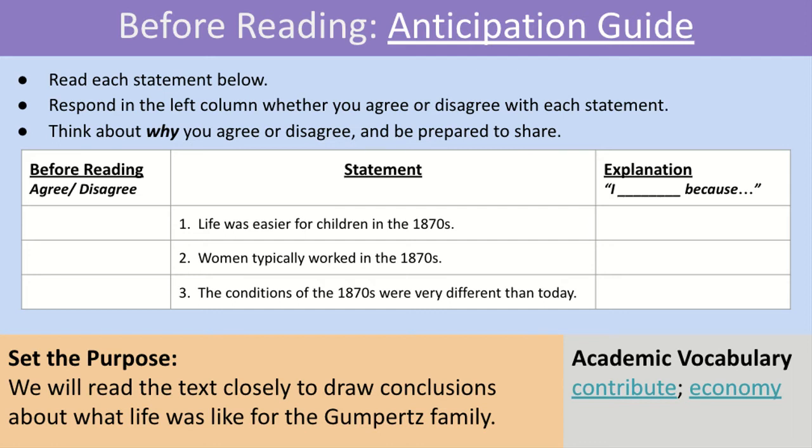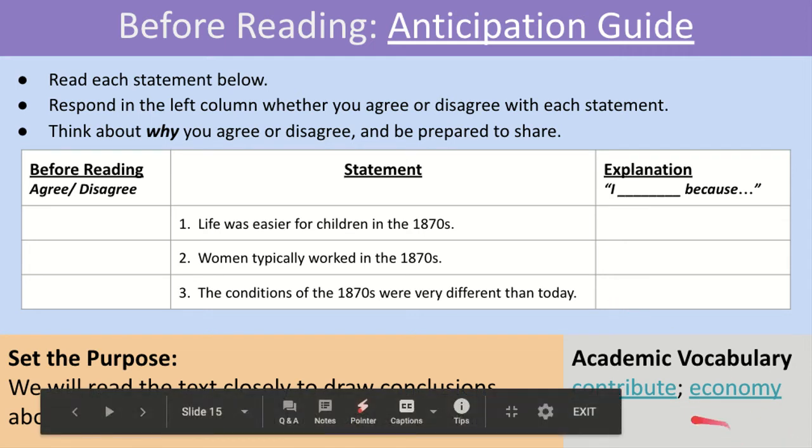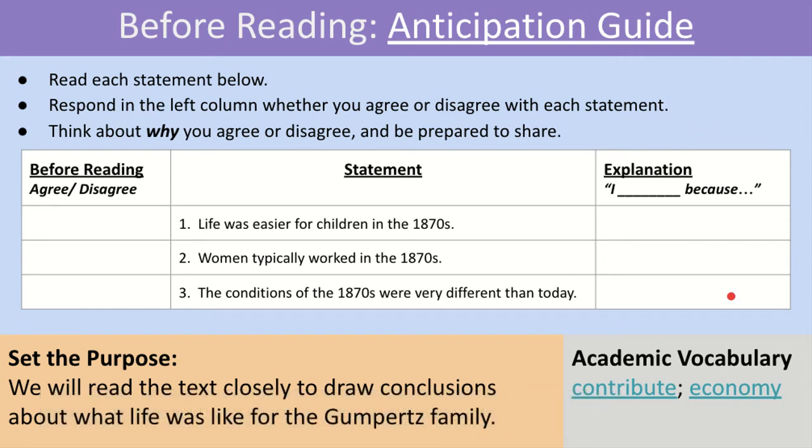So you can pause after each statement to answer. And the reason we are doing this is that we will read the text closely to draw conclusions about what life was like for the Gumpertz family. Some vocabulary that's here would be contribute and economy. You can always click on these to see the definitions if they're in blue like that.